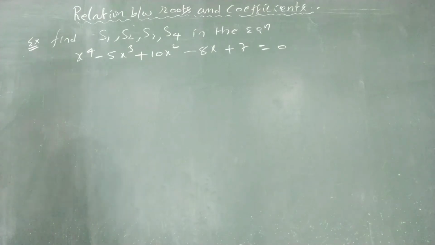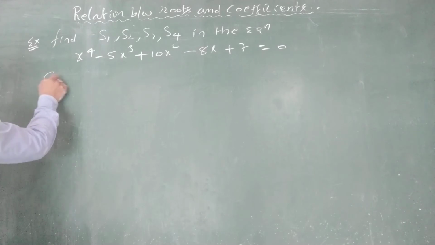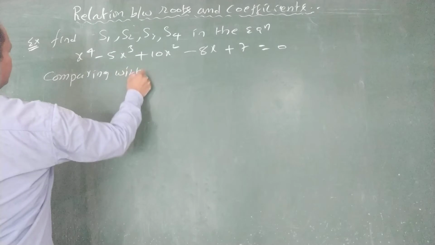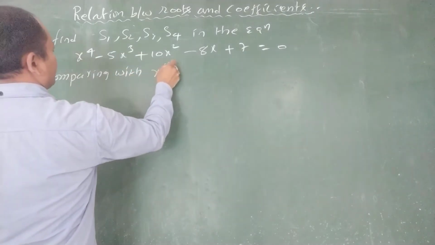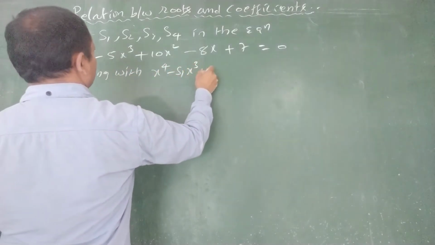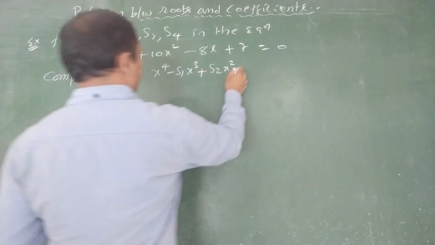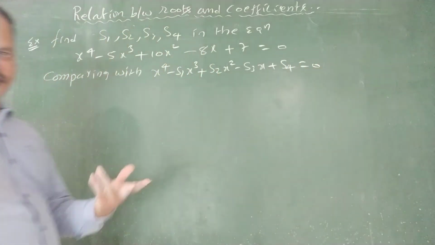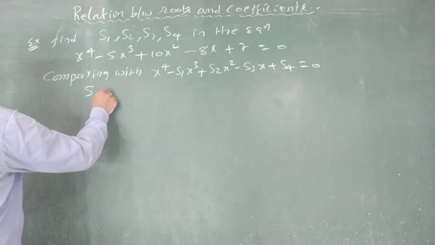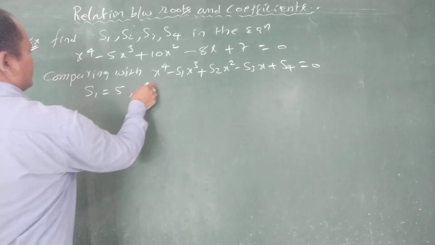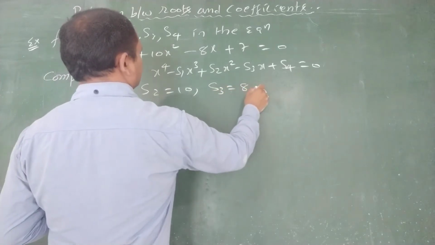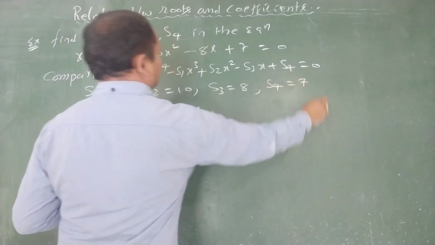Simply, we compare this with x power 4 minus s1 x cube plus s2 x square minus s3 x plus s4 is equal to 0. Now, s1 is equal to 5, s2 is equal to 10, s3 is equal to 8, s4 is equal to 7.